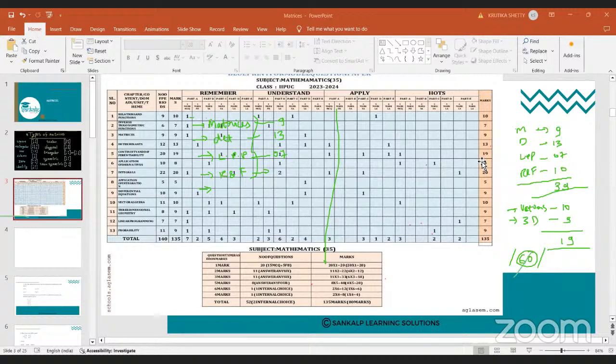Okay, so 19 plus 8, it is 27 marks. So these are the topics which involve trigonometry. So the basic first year trigonometry is very essential here, that is differentiation and application of differentiation, and then integration.